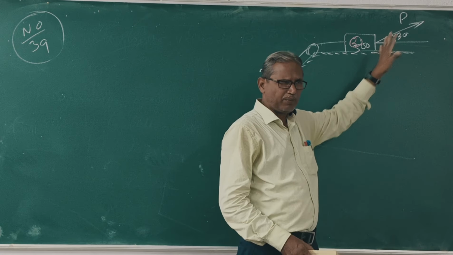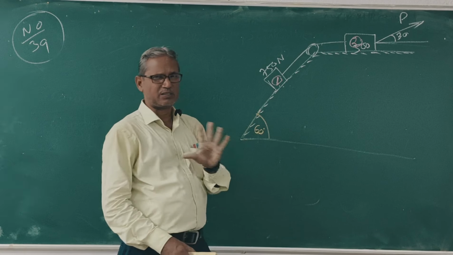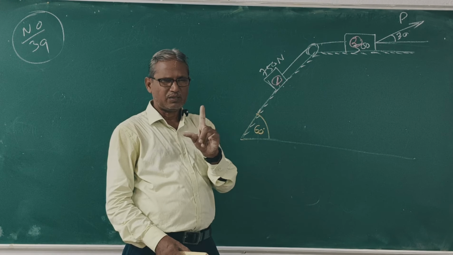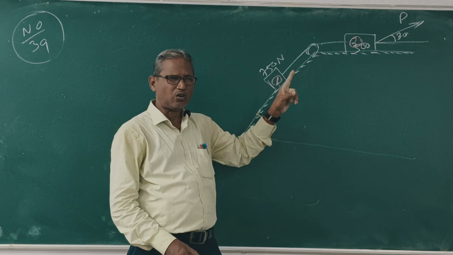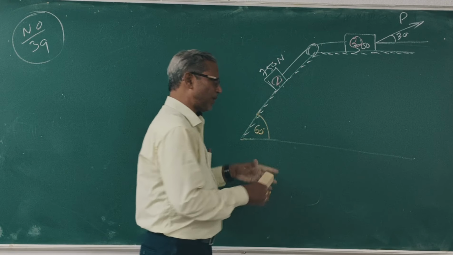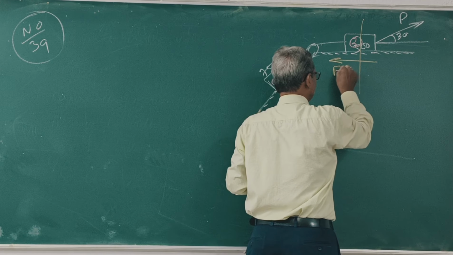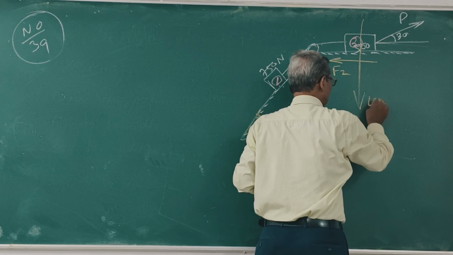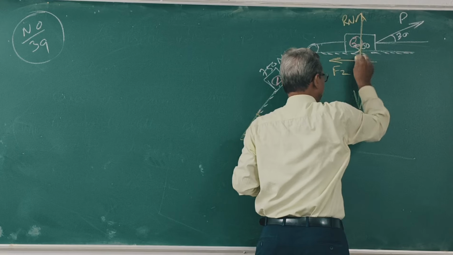If force P is not applied, then the block tries to move downwards. Clear? In this figure, the force P is given. So the block tries to move towards right side, so friction is applied towards the left side. This is F2. This is weight W2. This is Rn2, the normal reaction. Clear?